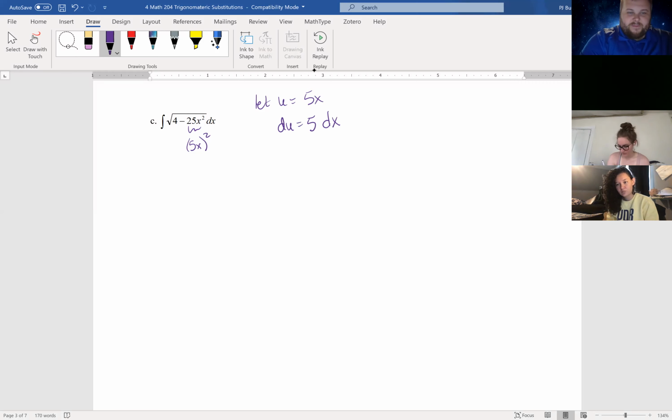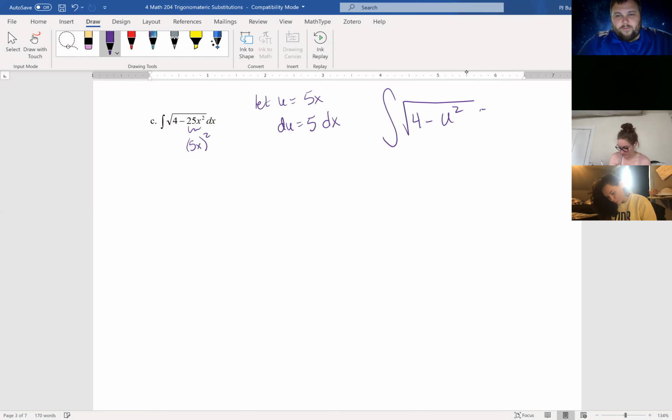So if I make that substitution, the integral now looks like square root 4 minus u squared. And we'd have a 5 that we would put in with the dx, which means we need a 1/5 outside. And this would be du then.